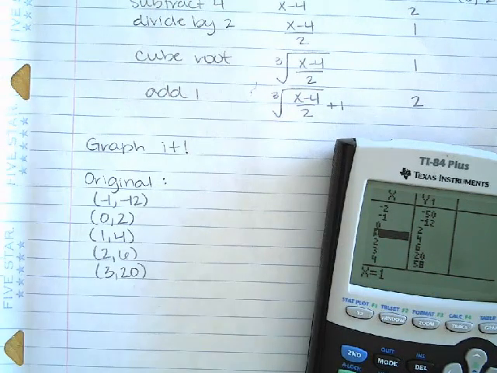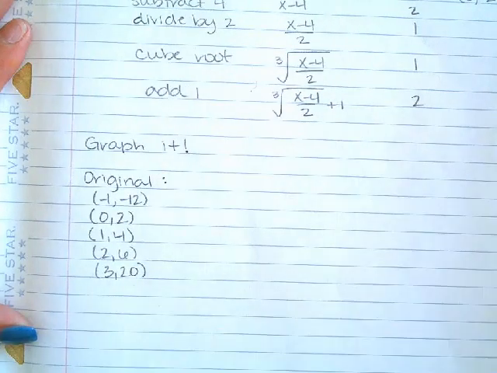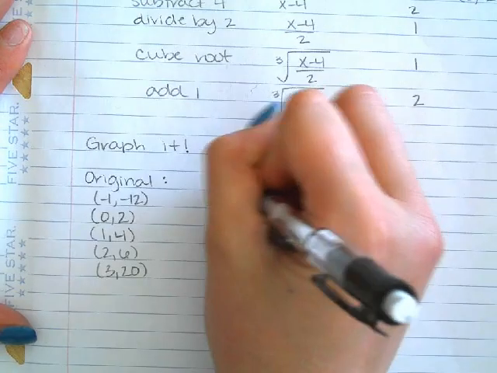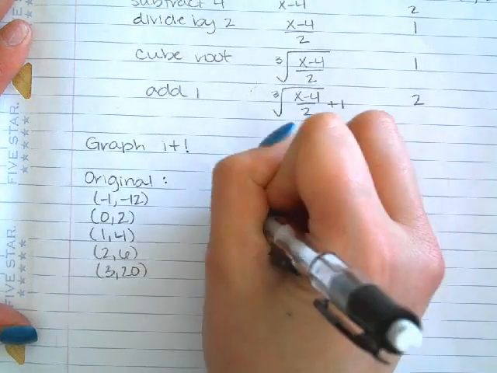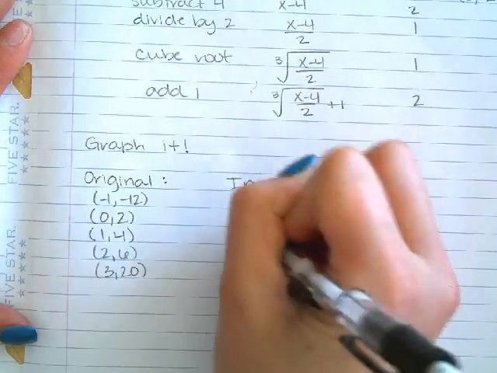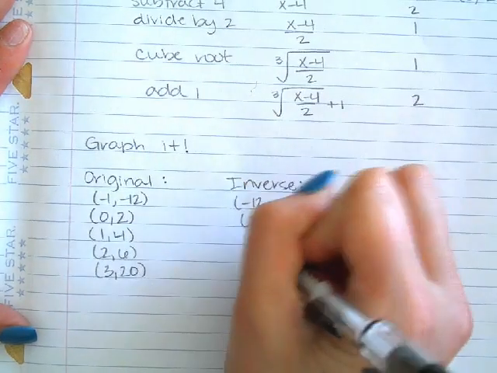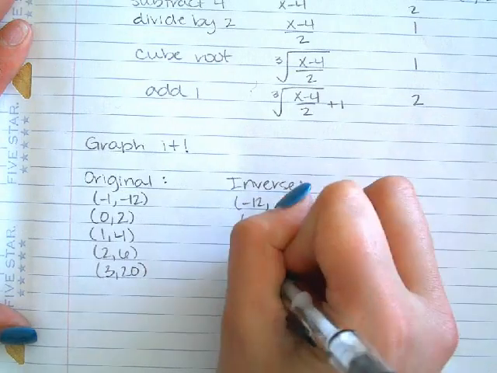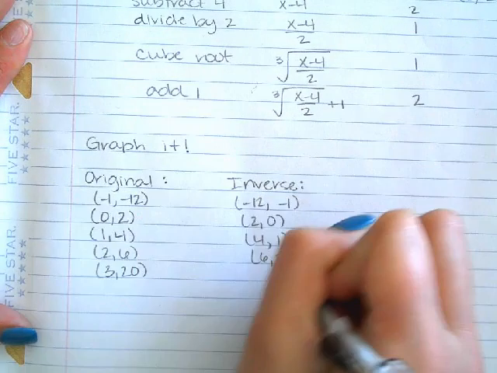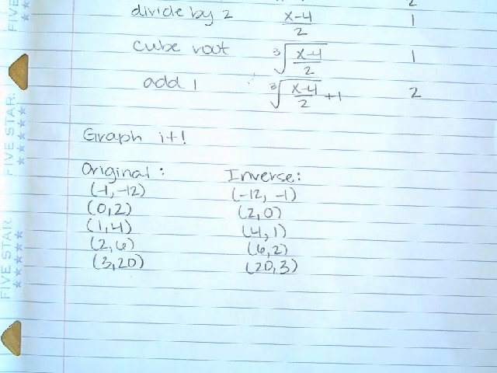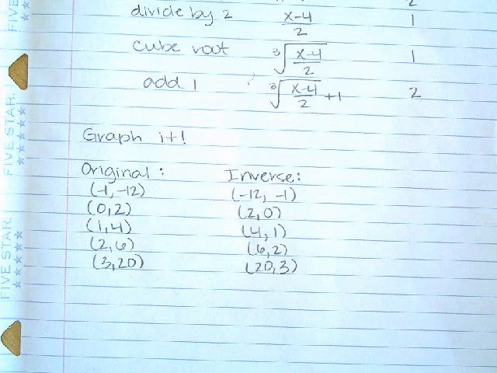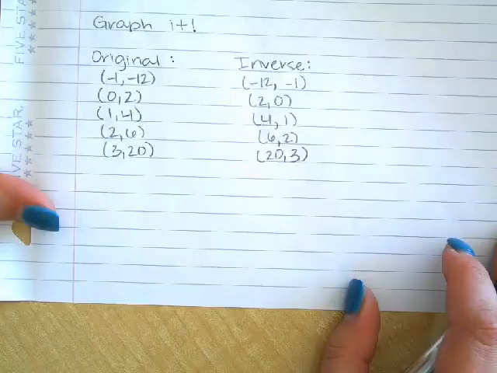And then for my inverse, all I need to do is flip all those x and y coordinates: (-12, -1), (2, 0), (4, 1), (6, 2), (20, 3). Then I can graph all the original points and have the original, and I graph all the flipped versions, and then I have the inverse.